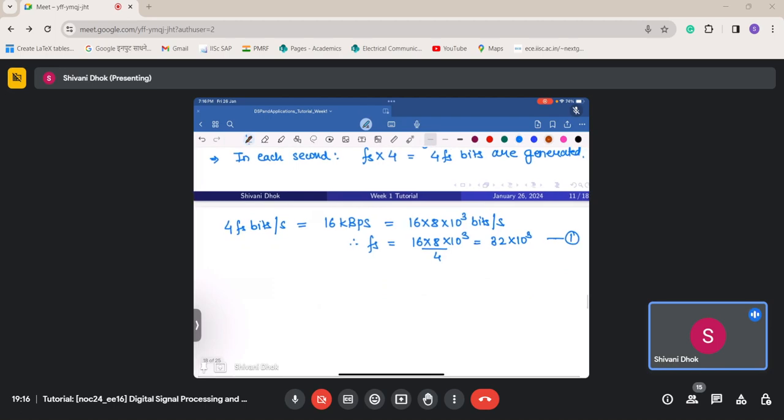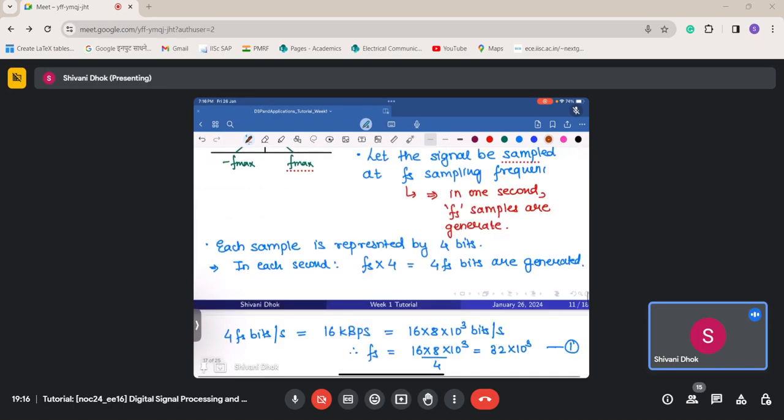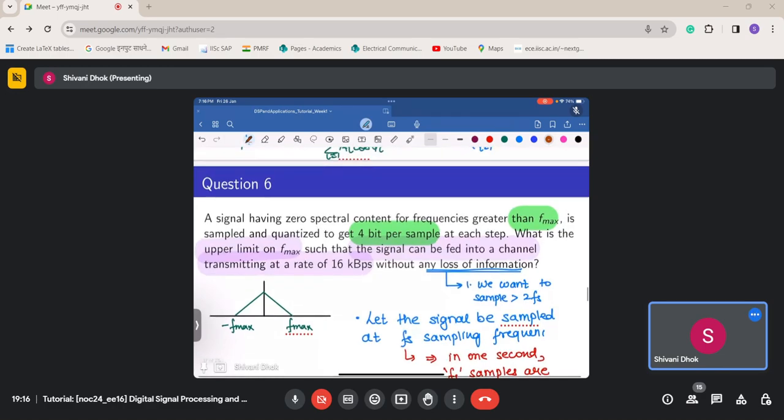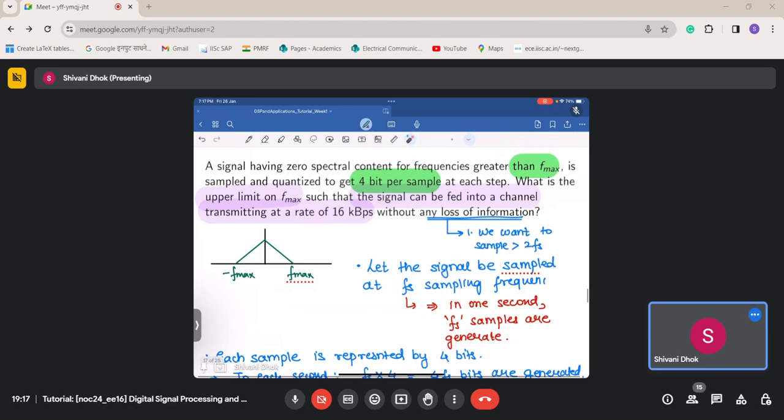Now what does Nyquist criteria say? Using Nyquist criteria, the Fs should be greater than 2 times the maximum frequency present in the signal, such that we won't have aliasing and there won't be any loss of information.